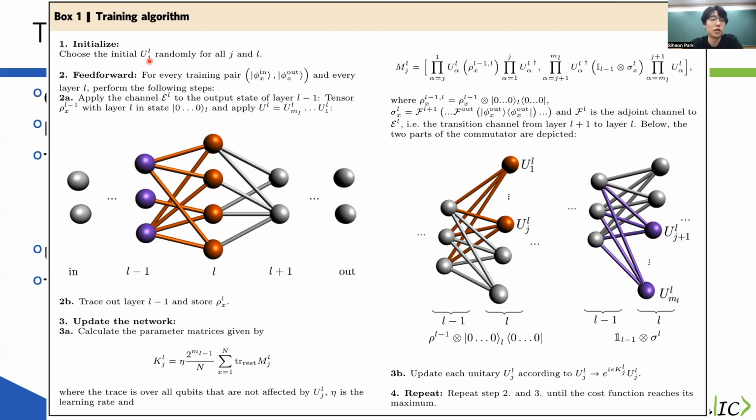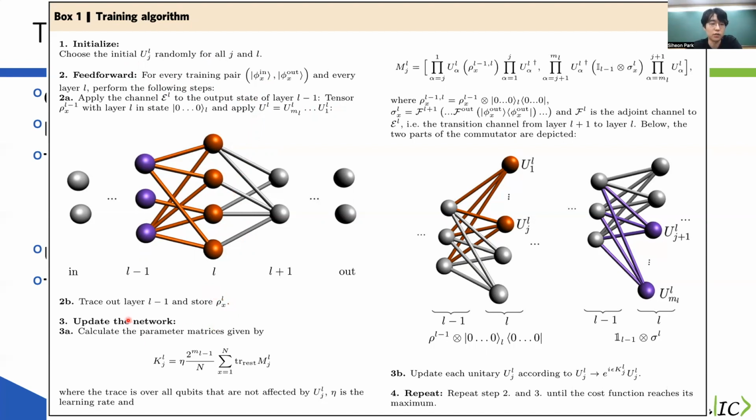Right. So first step, we initialize some random unitary, obviously, and we feed forward the network and store the output state of each layer.